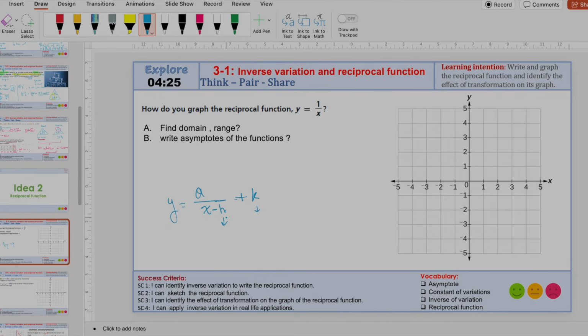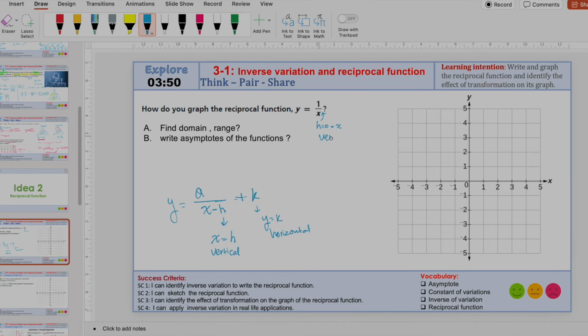So the h is basically the x value of the asymptote. The k is the y value of your asymptote. If it's an x value of the asymptote, then it's a vertical one. If it's a y value, it's a horizontal one. For example, here, I don't have any number added to the x. So the h is 0, which is the x value of my asymptote.